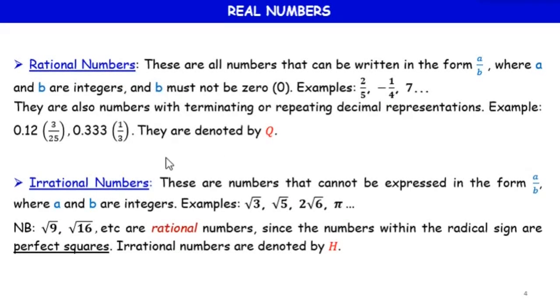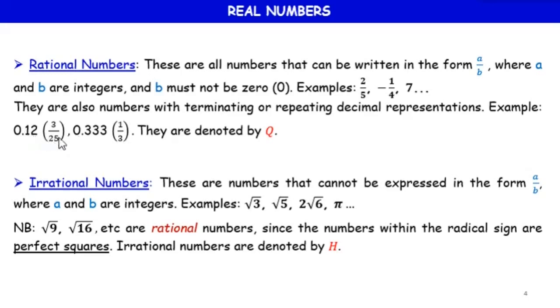For instance, if I have a fraction 3 over 25, why do I say this is a rational number? Because it obeys the rule that all rational numbers can be expressed in the form a over b. But I can convert this 3 over 25 into a decimal number, and that gives me 0.12.